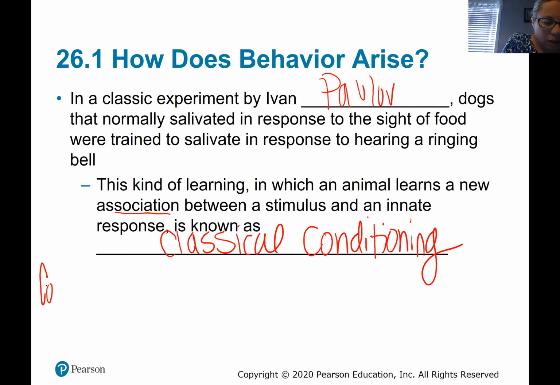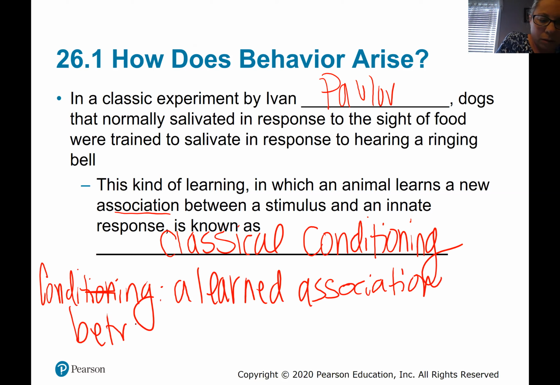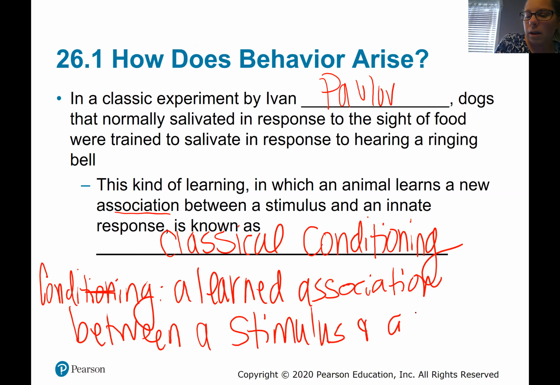And conditioning, let's define that. Conditioning is basically a learned association between a stimulus and a response.